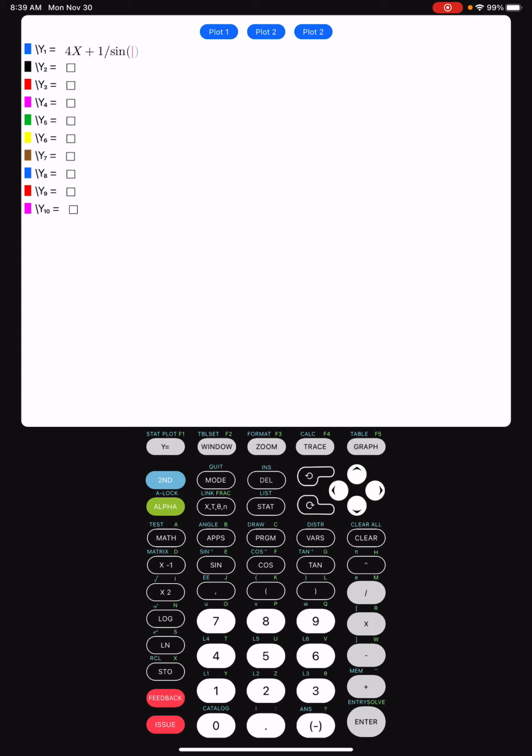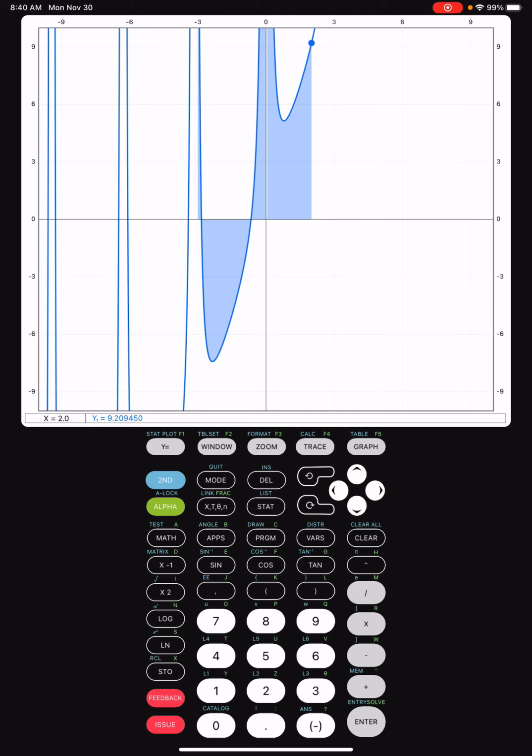Oops, let's do sine x squared. That looks right. And then when I graph it, because I calculated the integral before, it's still there. If I hit clear, that'll go away. So here's my graph.